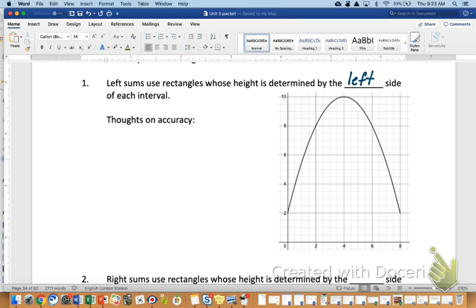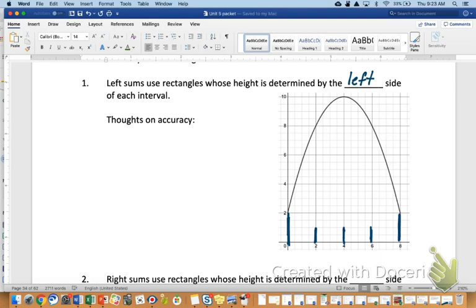So maybe we would take this region from 0 to 8 and split it up into a certain number of sub-intervals, maybe just 4. This would represent one sub-interval, there's our second, there's our third, and then our fourth is off to the side there.